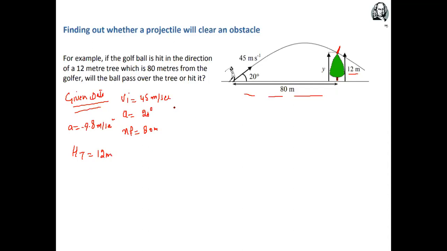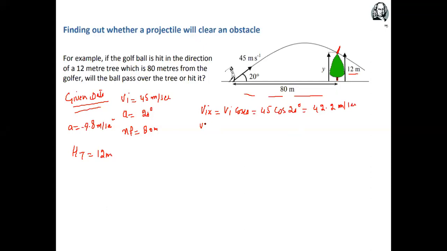First of all, find out the components of velocity. We know Vix is equal to Vi times cosine of theta, where Vi is 45, times cosine of 20 degrees, which equals 42.2 meter per second.